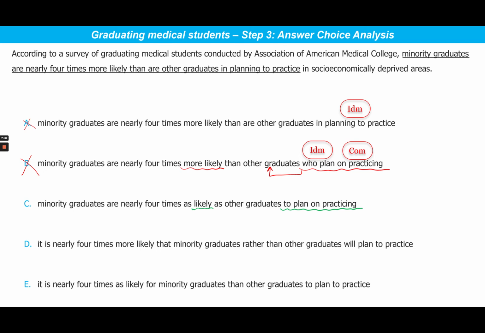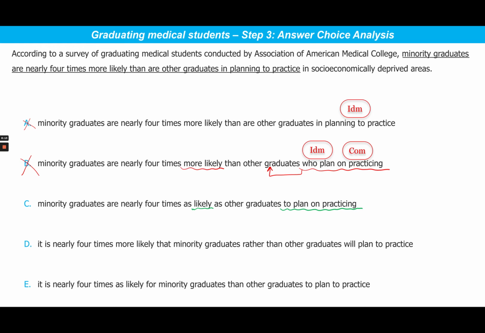Now, many students reject this answer choice because firstly they feel that the original sentence uses 4 times more likely, but this sentence uses the expression 4 times as likely. Doesn't it lead to a meaning change? Well, if we do a mathematical calculation, there could be a slight value change presented by these two expressions, but frankly in verbal it does not matter because the core meaning presented by both these expressions remains the same in the context of this sentence.